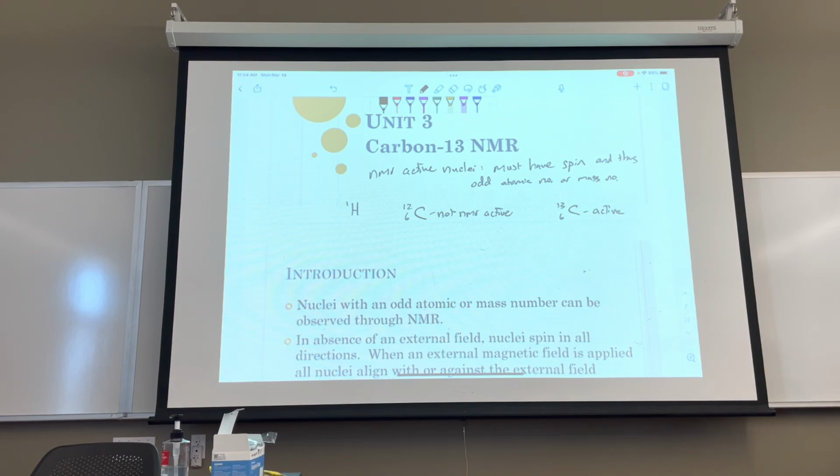But there's a bit of a problem with that. If you look at the relative amounts of carbon-12 versus carbon-13, carbon-12 is approximately 98.9% abundance, carbon-13 only 1.1%. That is not ideal, because only about 1% of all of the carbons in your molecules are actually going to be giving a signal in the NMR.